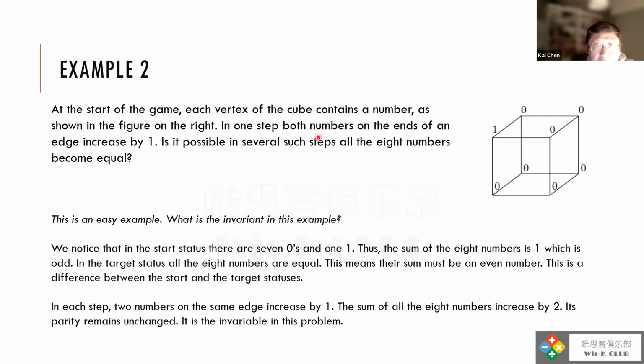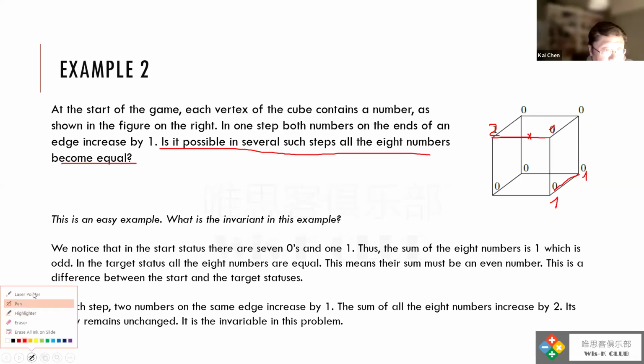In each step, we select one edge, for example this edge, and add 1 to both ends of this edge. For example, if we select this edge, then it increases to 2, and this is 1. The next step, we select this edge, and this becomes 1 and 1. So you can freely select one edge and add 1 to both ends. The question is: is it possible, in several such steps, for all the 8 numbers to become equal?